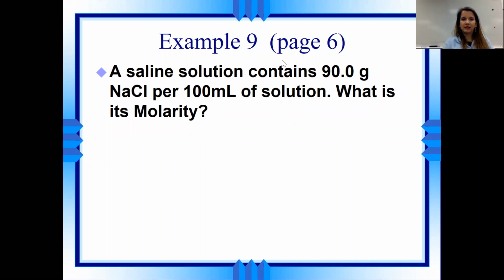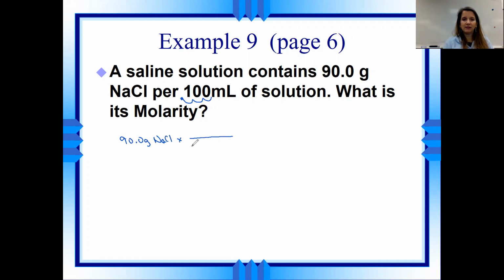Next one. A saline solution contains 90.0 grams of NaCl per 100 milliliters of solution. What's its molarity? So remember, molarity is moles over liters. I'm going to have to move my decimal point 3 times to the left here to get this into liters. And I'm going to have to convert my 90 grams of salt into moles.